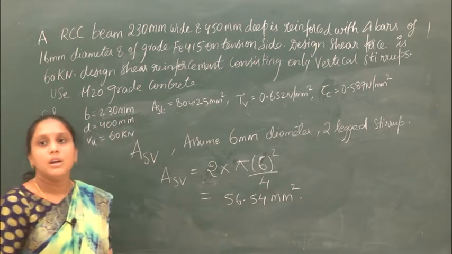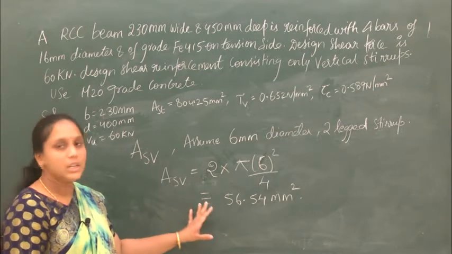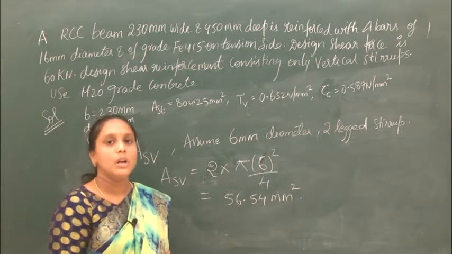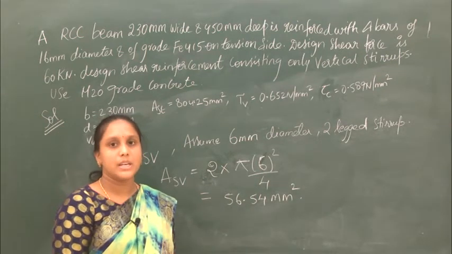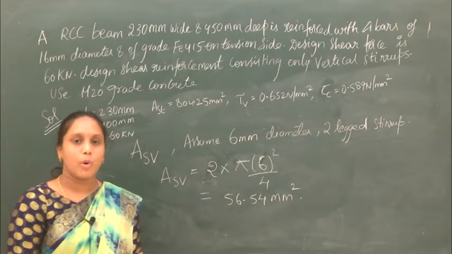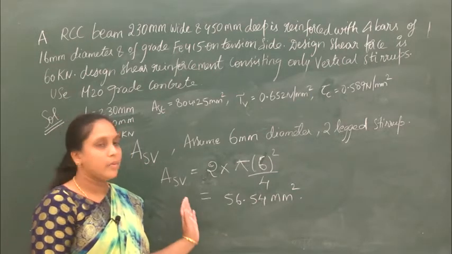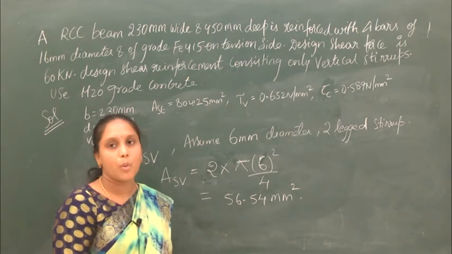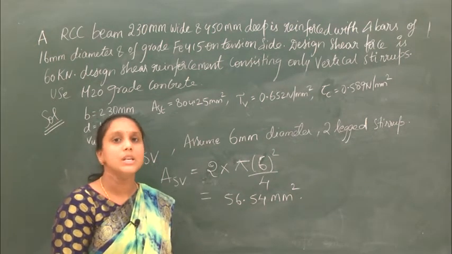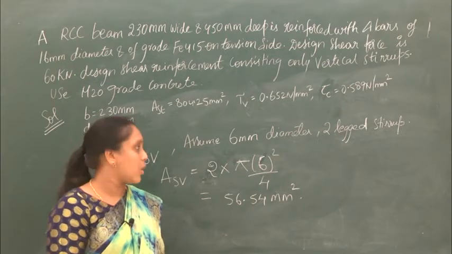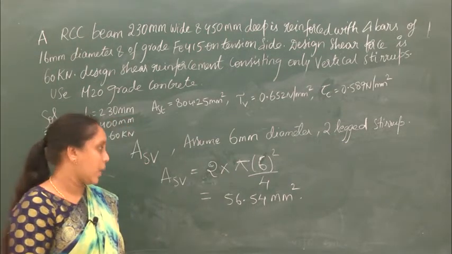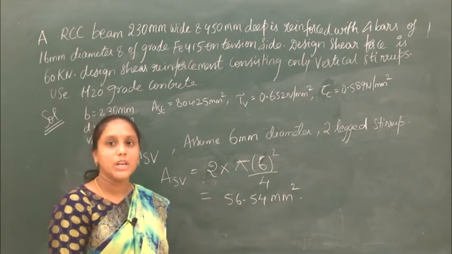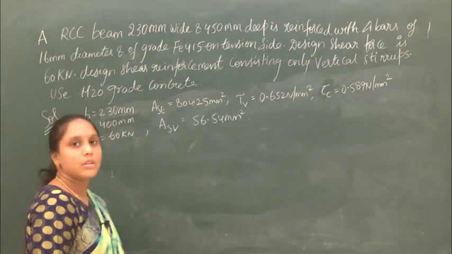Now that we know the area of the stirrups, we have to calculate the spacing of the stirrups. The distance center to center at which the stirrups have to be provided is what we call spacing.